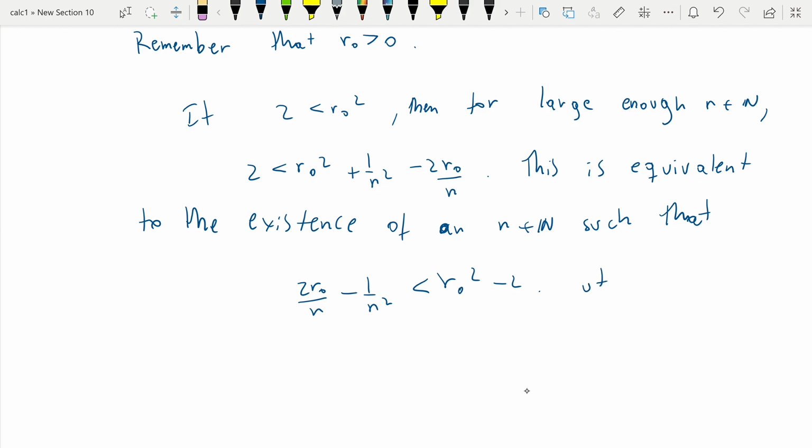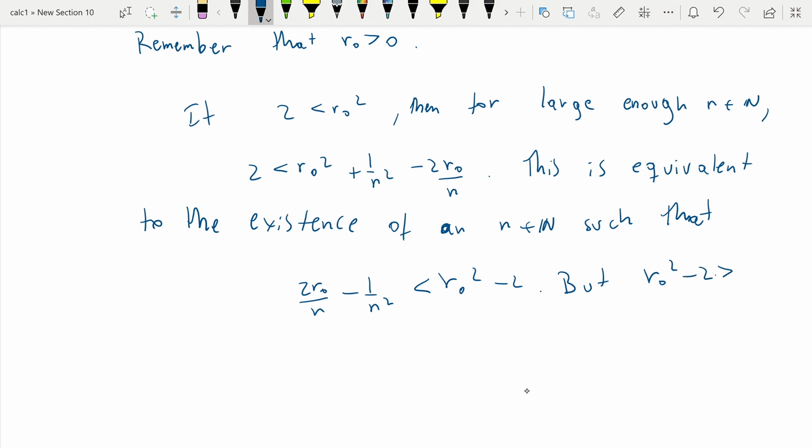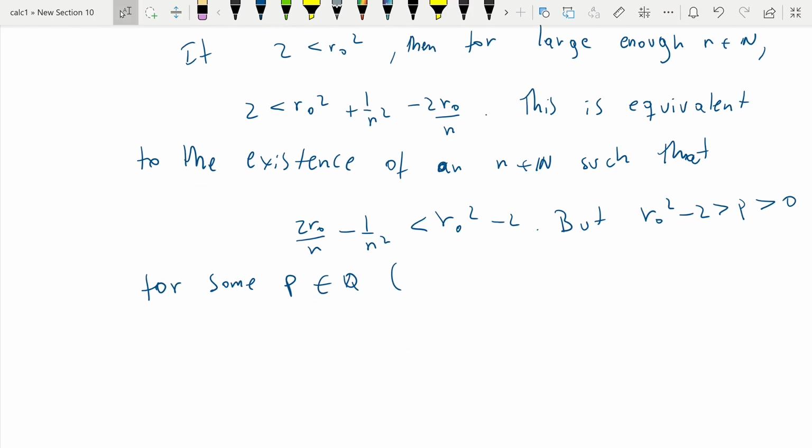But R naught squared minus 2 is greater than p, greater than 0, for some p in Q. It's similar to what we did before, so we don't need to do it again. If you have a positive rational number, then there's another rational number in between 0 and that rational number.